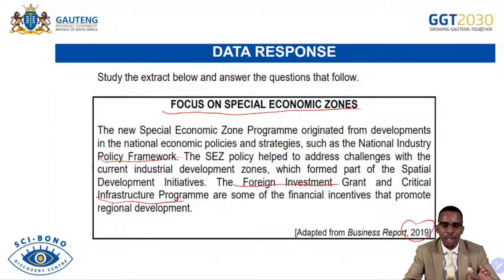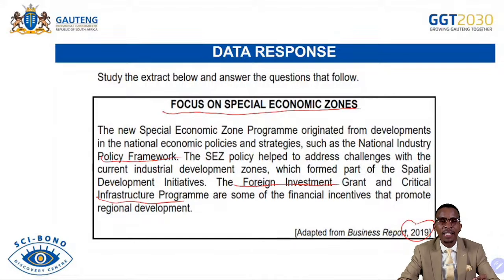It is very important for you to know the difference between IDZ and SEZ. It is very important for you to know the benefits achieved by investors in IDZs and those investing in SEZs. It is also important to know why SEZs are known as an improvement of the IDZ. Remember, an SEZ can be located anywhere in a country, while IDZs are mainly located near seaports and airports.